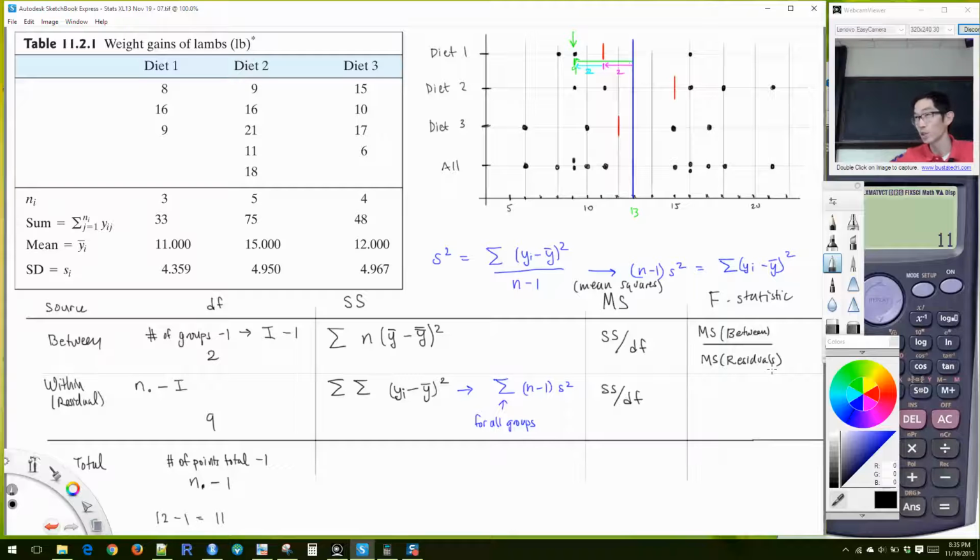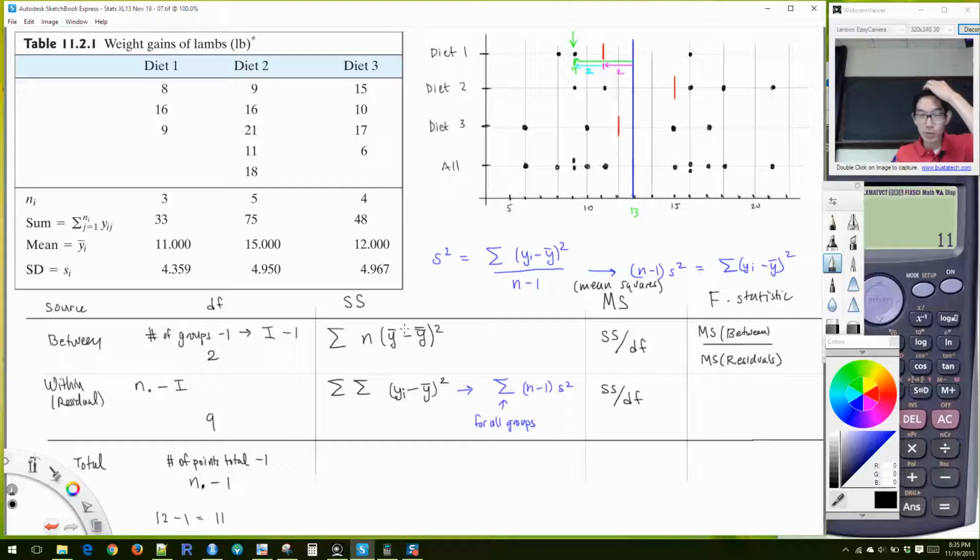You get this number, you look it up in a table. But we don't really explain where these tables are coming from. We just kind of say these tables are here. And a mathematical statistics class will explain where the tables are coming from. So if that's of interest to you, you can take what's called mathematical statistics.